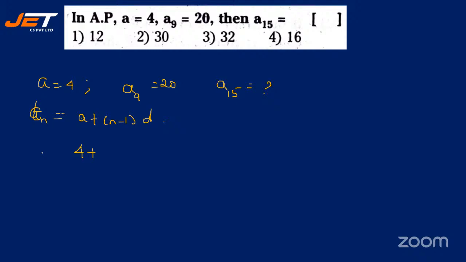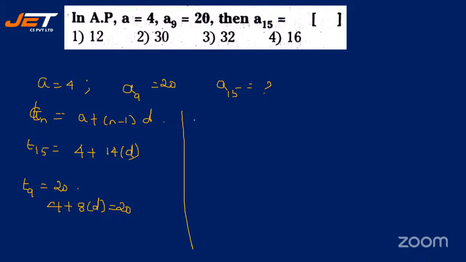Now we want A15. So n minus 1 is 14 into D. So what is D? We don't know. But we know that A9 is 20. That is A plus n minus 1 into D is 20.